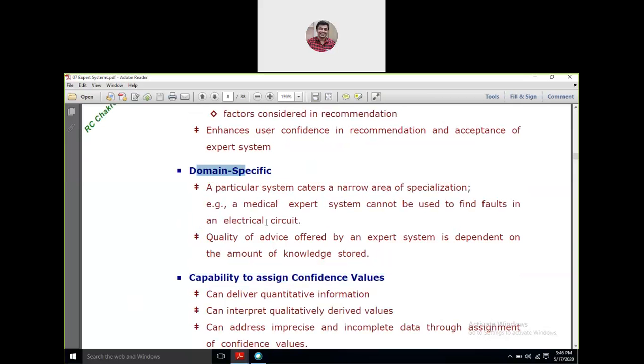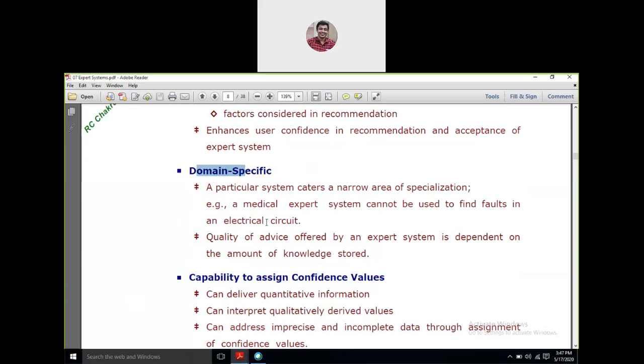Remember, dear students, like any AI application that you make, they are mostly domain specific. If you are making something very generic that can be applicable to almost anything, then that becomes really critical. Why? Because in a domain-specific system, the way you populate the knowledge becomes very handy.